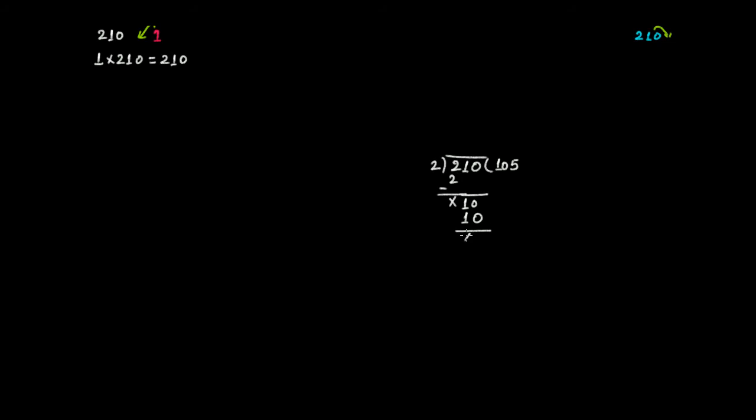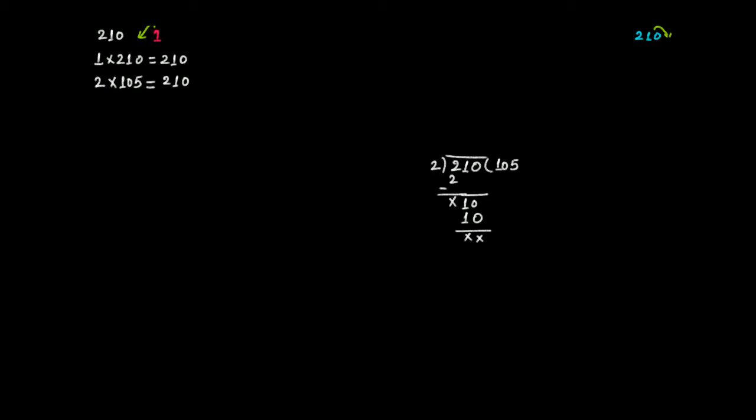So you have 105. So 2 times 105 will be 210. In this case, 2 and 105, 2 is the smaller one of these two.